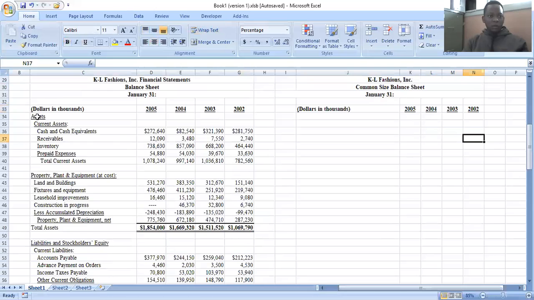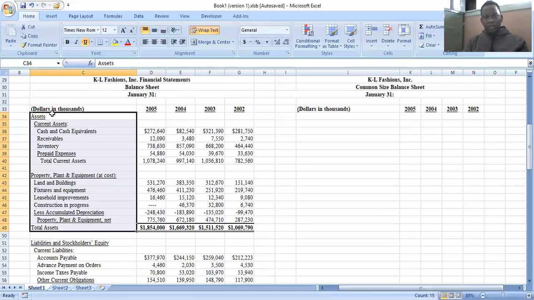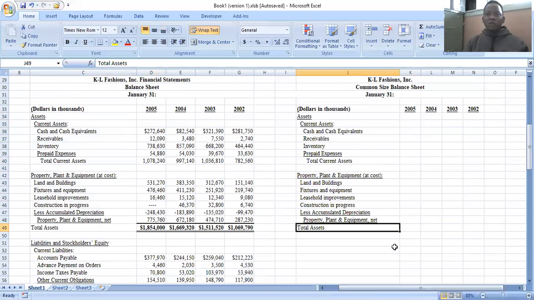Let me work on the asset side. I copy the particulars here. Every item is converted as a percentage of total assets. The total assets is a common base for the balance sheet.